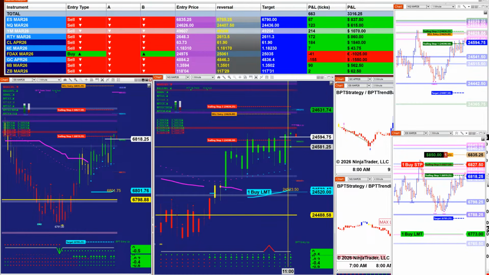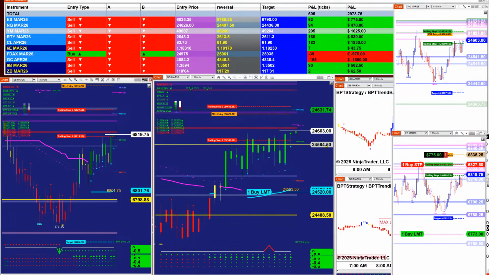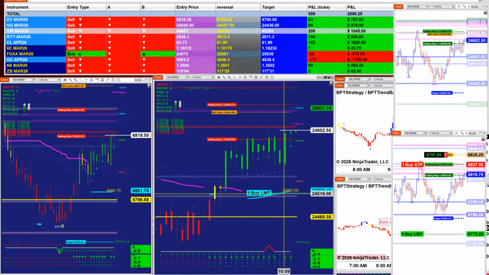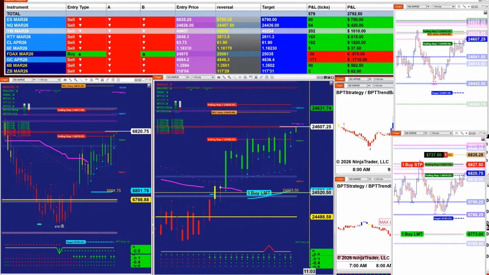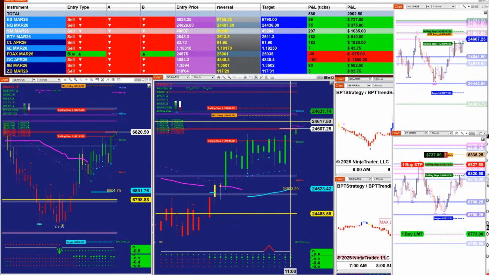And what happens when the market is not able to break those areas here? Then it gives up and starts going back to retest. So let's say the Nasdaq is able to break that level, that's going to be a problem in here.